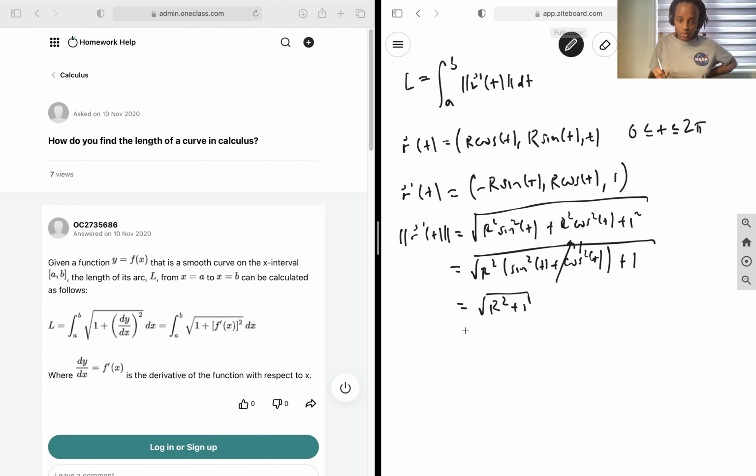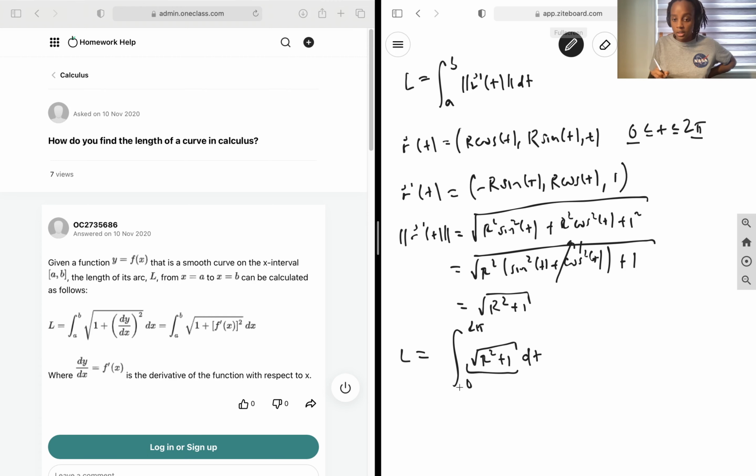And next we just plug it into our integral to find the length of this line, which is the circumference of a circle of radius r. So our a will become 0 and our b is 2 pi. So from 0 to 2 pi of root r squared plus 1 dt.